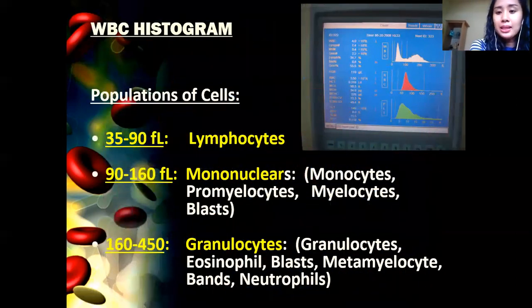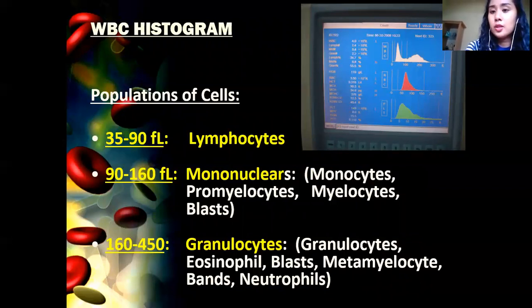So when a peak rises, the femtoliter, like MCV, pertains to volume. The graph peaks between 35 to 90 femtoliters are lymphocytes. 90 to 160 femtoliters are monocytes, myelocytes, and blasts.